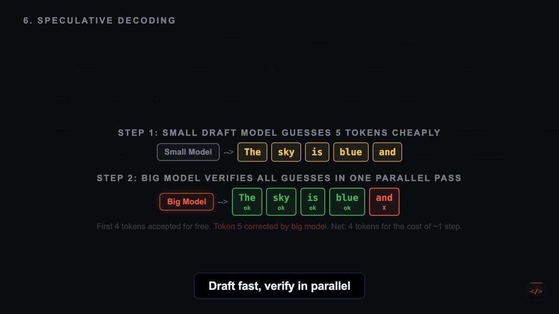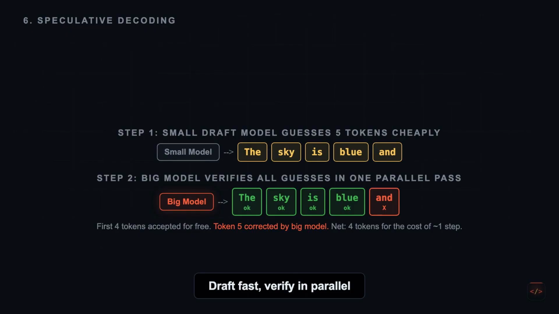Decode is sequential, one token per step, which feels like a hard limit. Speculative decoding sidesteps it. Use a small, fast draft model to guess the next several tokens cheaply. Then the big model checks all those guesses in a single forward pass, the kind of parallel work it is good at.